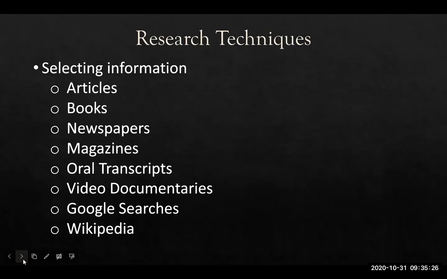So an oral transcript, along with maybe a newspaper article that shows that this event took place on this particular day or time, along with maybe a journal article that someone has written or has data on a particular topic, and you pull those together and they all take you down the same angle, that's good triangulation. Those are good resources there. Another one is video documentaries.